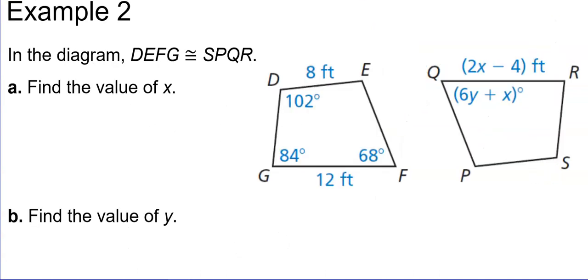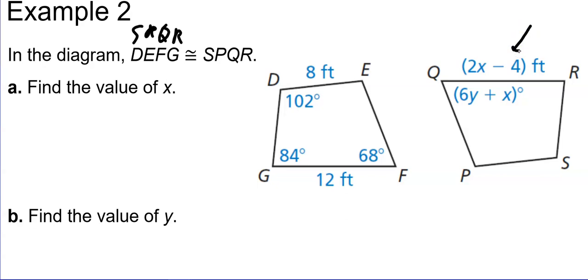All right, in the diagram, DEFG is congruent to SPQR. So again, I like to put the SPQR above this or below it, just to remind myself what matches up. All right, so find the value of X. So right here, we have an X, and that's in QR.